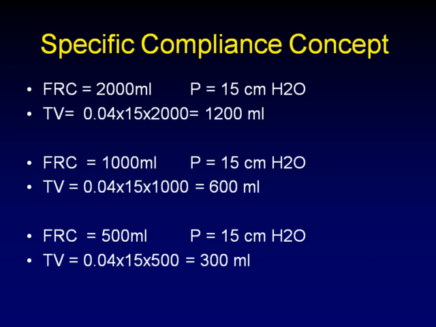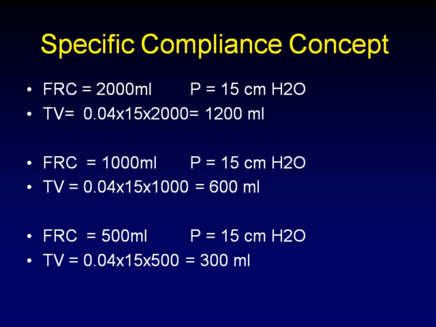This patient has 2 liters of residual lung, functional residual capacity, or end expiratory lung volume. If I apply 15 centimeters of pressure, the change in volume will be 1.2 liters. Now I have 1 liter of end expiratory lung volume.